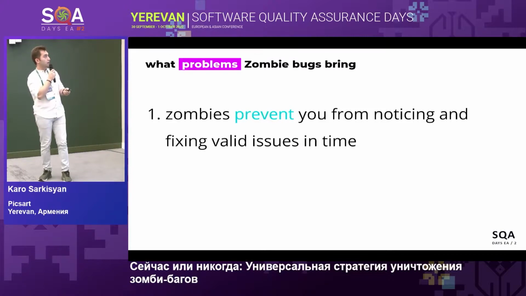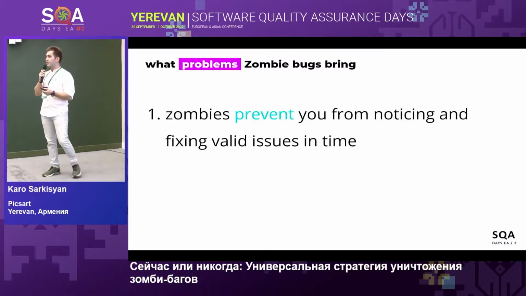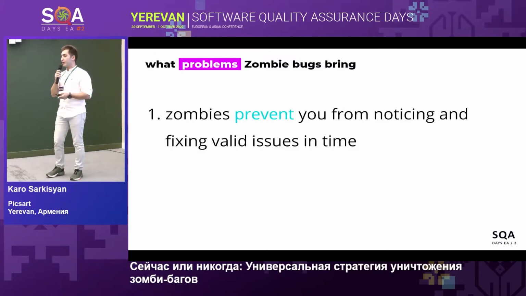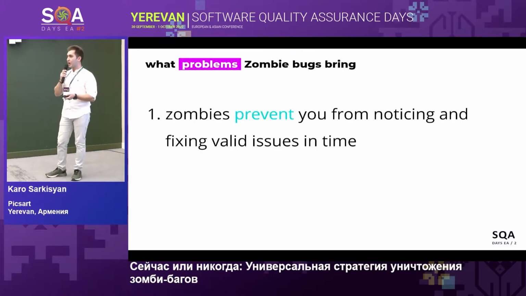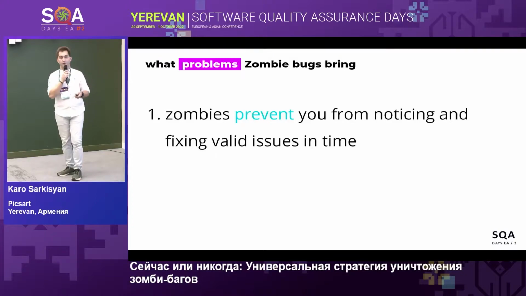What kind of issues do zombie bugs bring to us? First of all, zombies prevent you from noticing and fixing valid issues in time, because when you have a backlog with zombie items, you will spend more time reviewing your backlog and separating the bugs from the zombies.